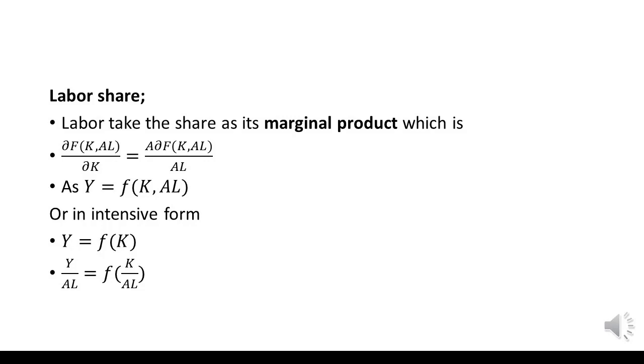If we take the first derivative with respect to capital, we will get the first derivative of k as the share of capital. So this is the same as in the Solow model. As we assume no depreciation, the return on capital is simply the derivative of the function with respect to k_t.